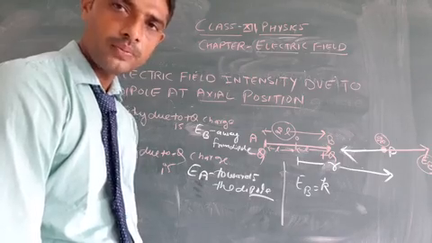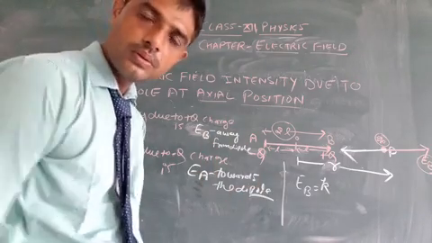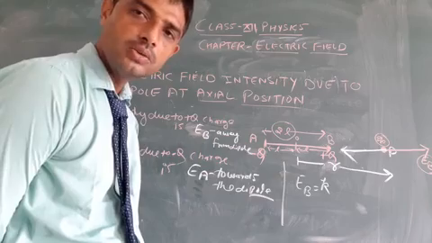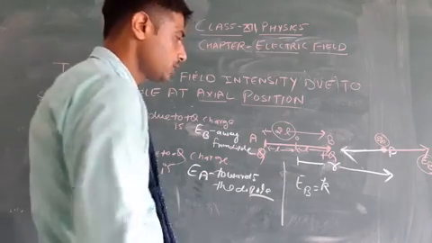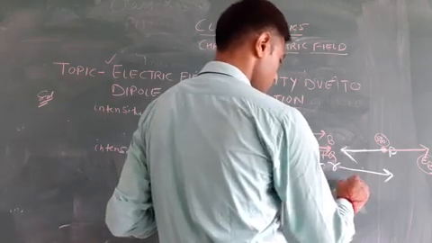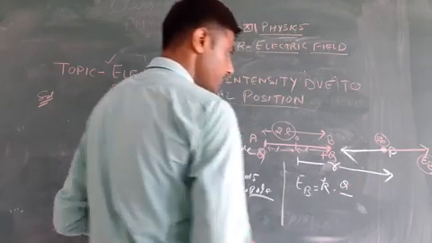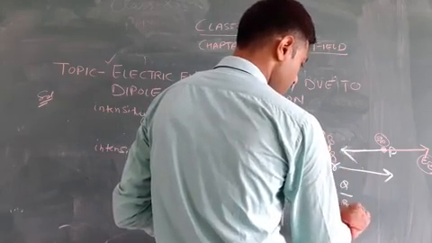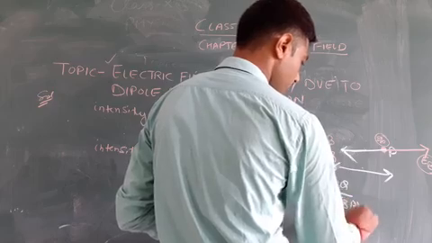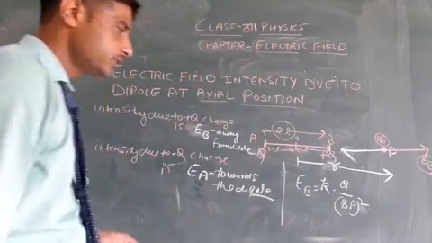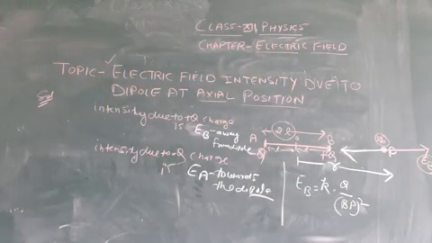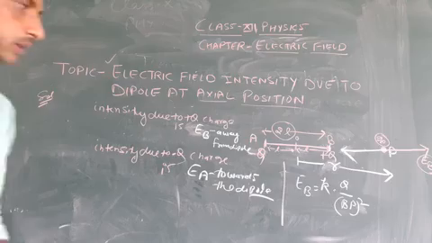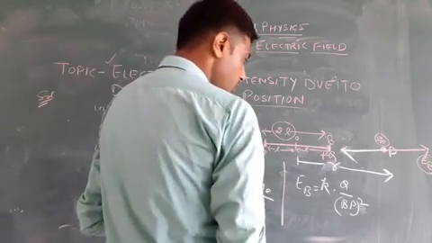There is no problem, but to solve the derivation, you can take K. So K into Q upon BP whole square. Clear?